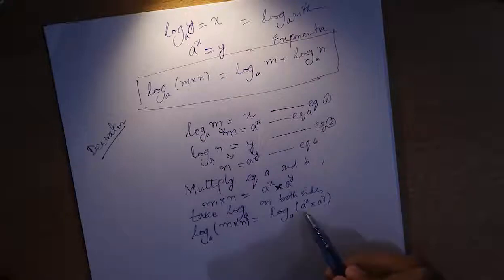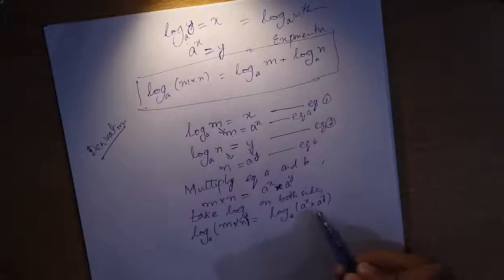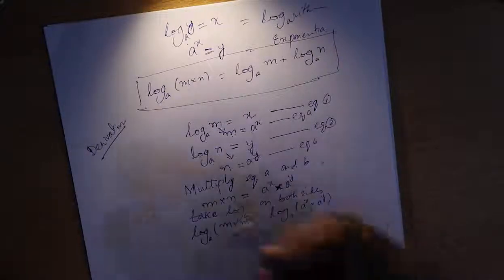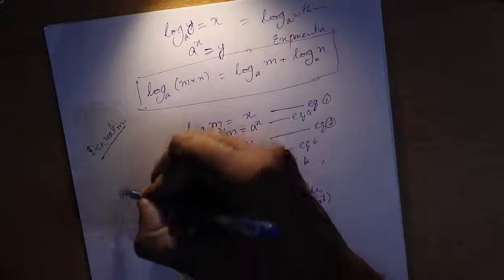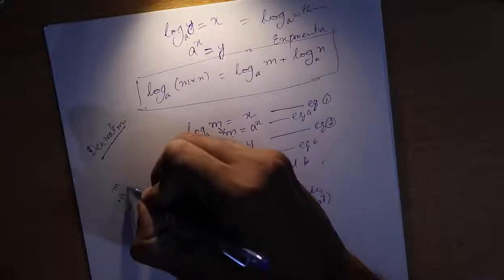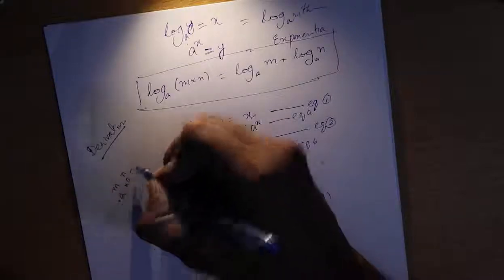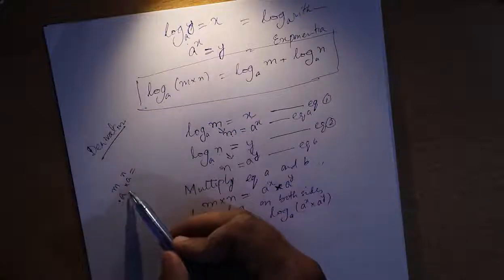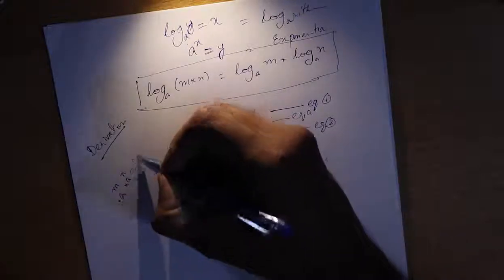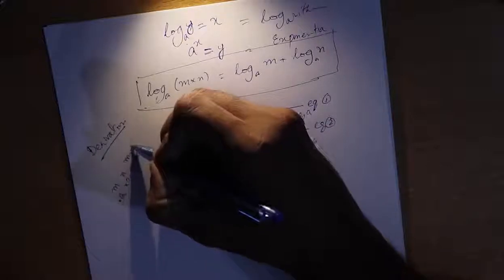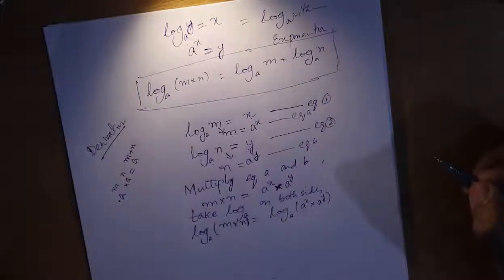Now we have the multiplication of the same base with different powers. This can be carried out by a simple formula: if you have a to the m multiplied by a to the n, with the same base and different exponents, you get a to the power m plus n.